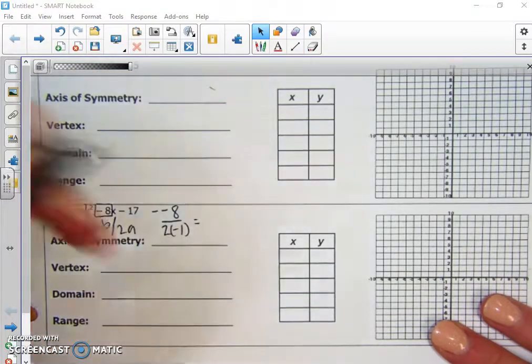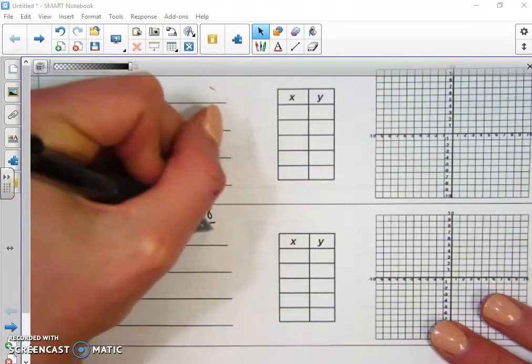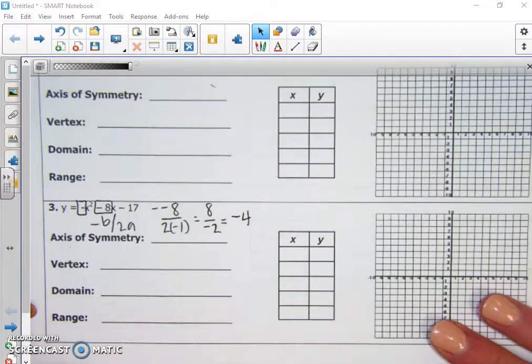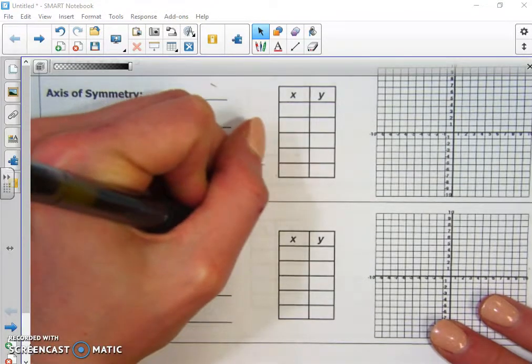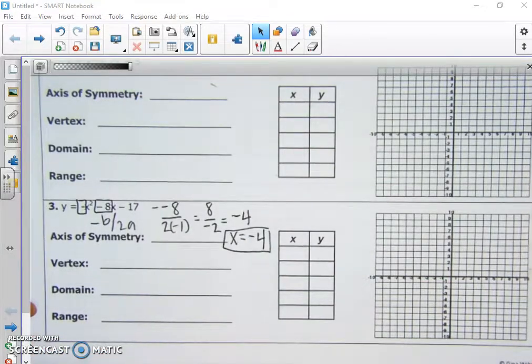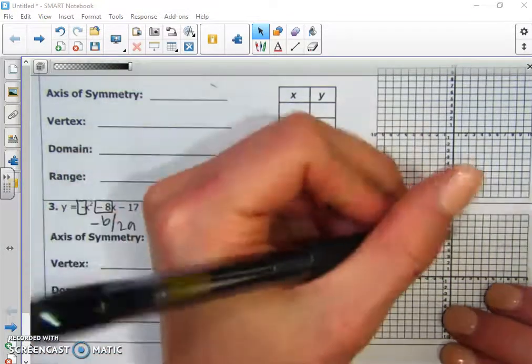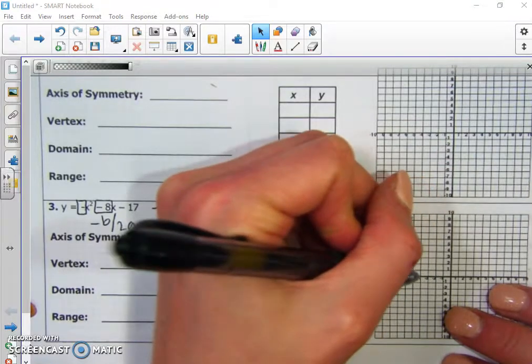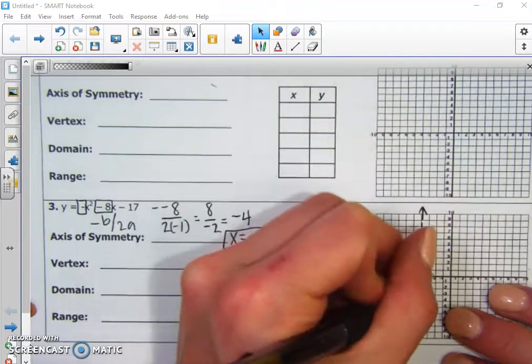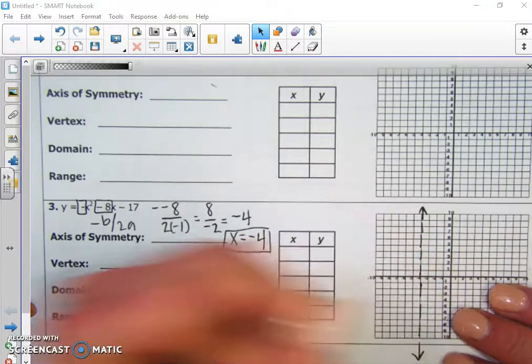So +8 over -2 gives us -4. So our axis of symmetry is x equals -4. If you want, you can go ahead and put an axis of symmetry at -4. 1, 2, 3, 4. It just means that our graph is going to be symmetric across that line.